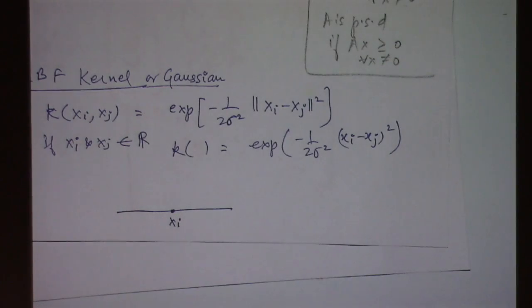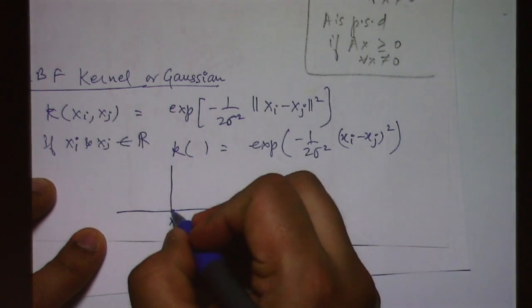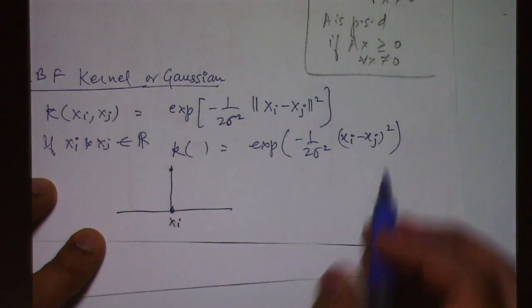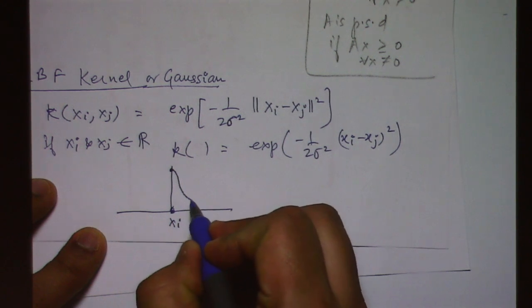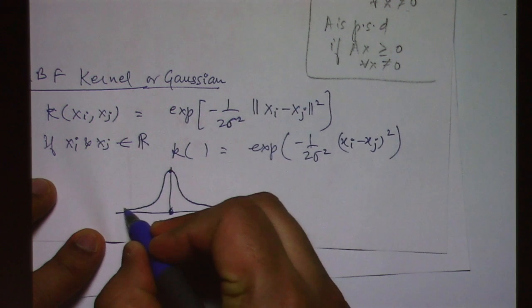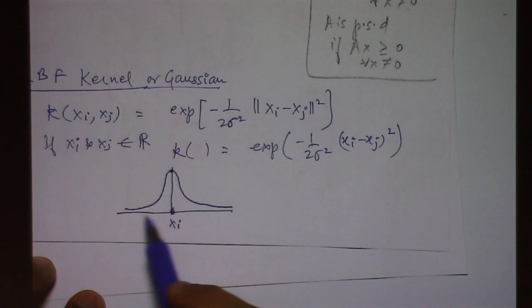The value of this kernel will go like this. If xj is right on xi, then of course this will be 1, and as you go farther away, the value of k of xi, xj will go down like this. That's why we call it Gaussian, because it looks like a Gaussian bell curve.